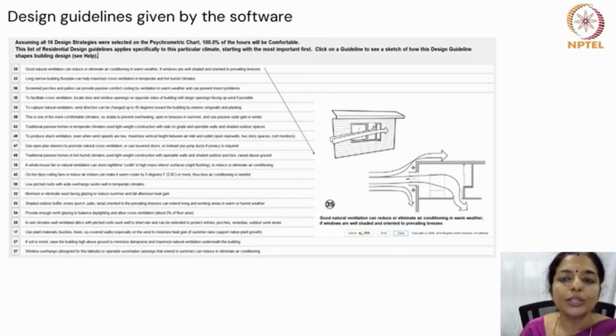Then eventually in that software, we will get one list of design guidelines and how much comfort hour will be contributed by which design condition. How typically houses were built, thermal mass, use of it, use of vegetation, everything will be there in this software.